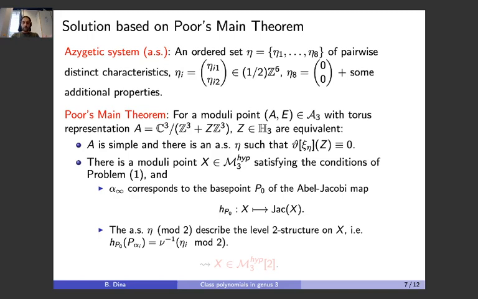With this, at the end, out of the algorithm of Pour, we will have a point in a moduli space of hyperelliptic curves of genus 3 with a level structure, which is equivalent to a fixed ordering of the branch points, which is equivalent to a fixed homology basis of X.